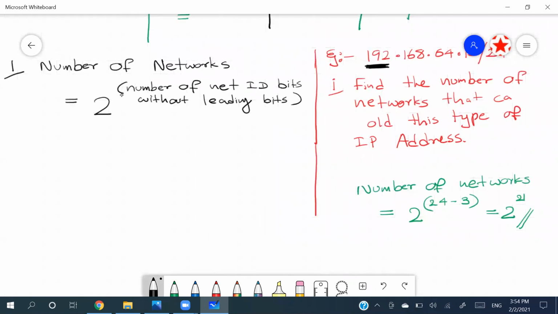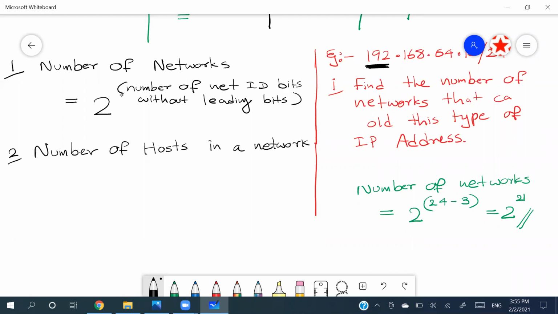Here comes the second equation: number of hosts in a network. Hosts means the devices that can be connected to the network.